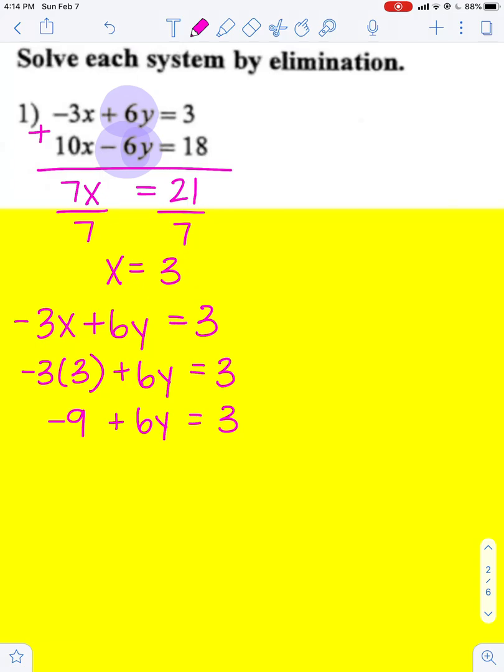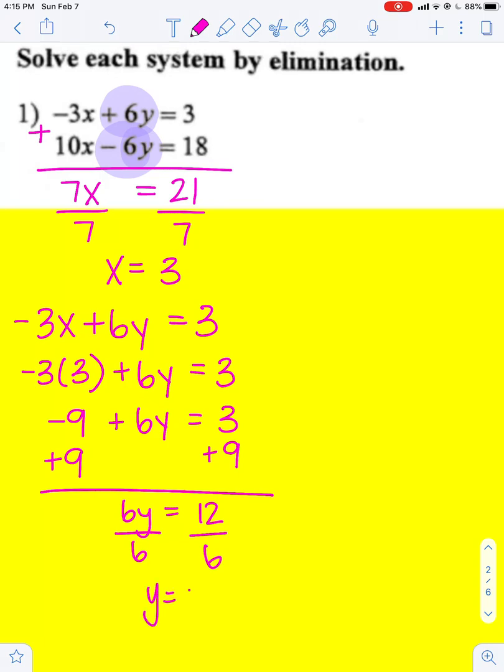Now I'm going to solve this just like a normal two-step equation by adding my constant on both sides. And that's going to give me 6y is equal to 12. And I'm going to divide by 6 on both sides to get y is equal to 2.